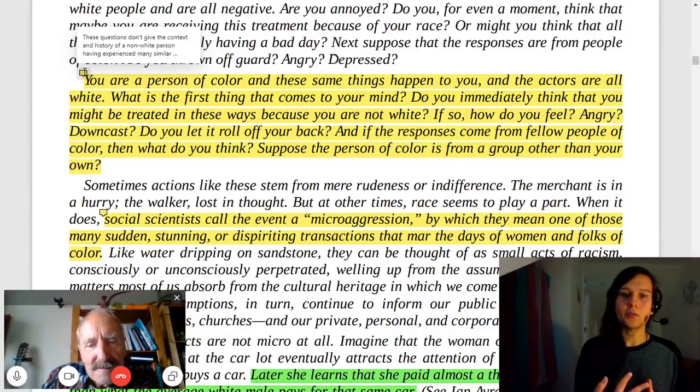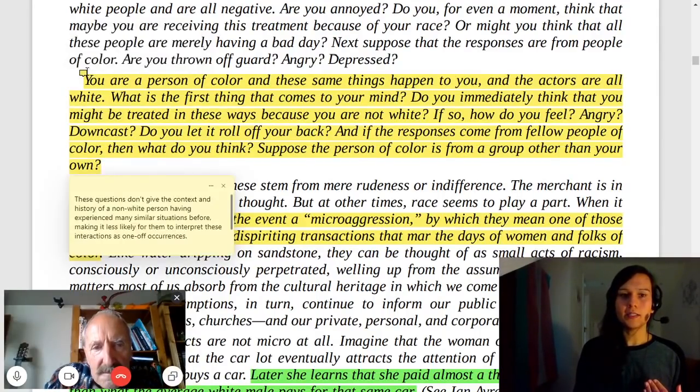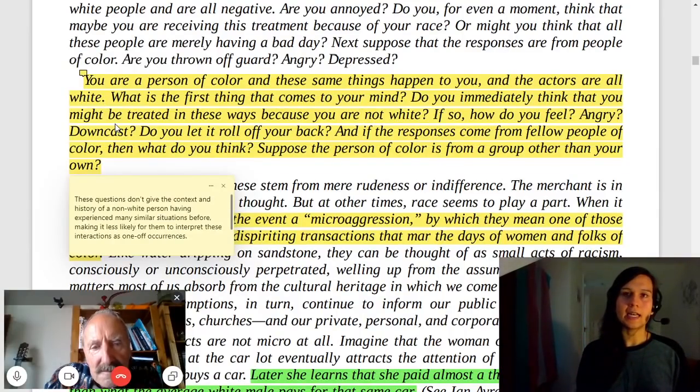Do you immediately think that you might be treated this way because you're not white? I'd say they don't give the context of a non-white person having experienced many similar incidents beforehand. And if you've experienced lots of incidents like that, it makes it difficult for you to read these incidents as amusing one-offs or rare one-offs.